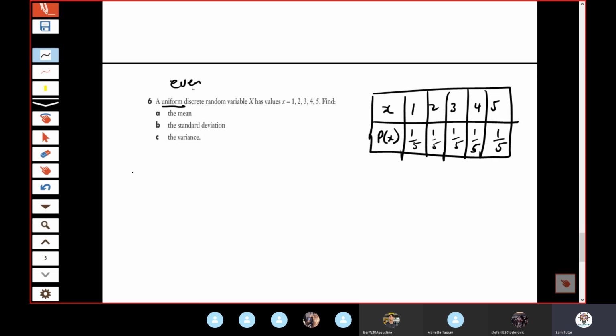Find the mean. Okay. A, mu. Mu equals 1 times 1/5 plus 2 times 1/5 plus 3 times 1/5 plus 4 times 1/5 plus 5 times 1/5.